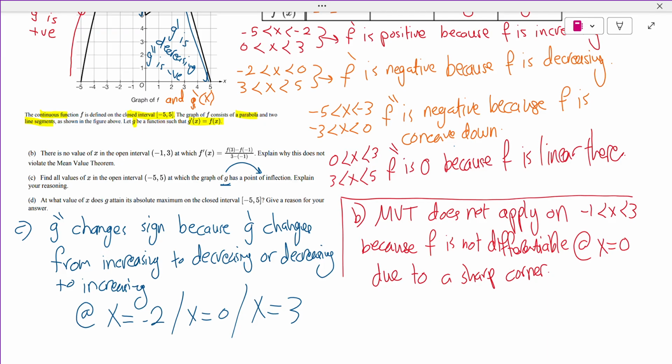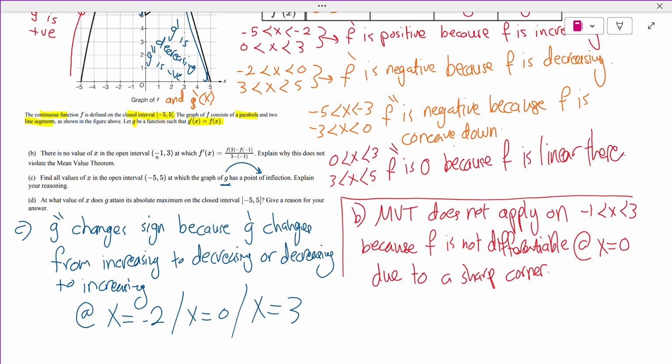So at those three values, g prime changes from increasing to decreasing or decreasing to increasing, meaning g double prime changes sign. And when g double prime changes sign, that point is called a point of inflection.